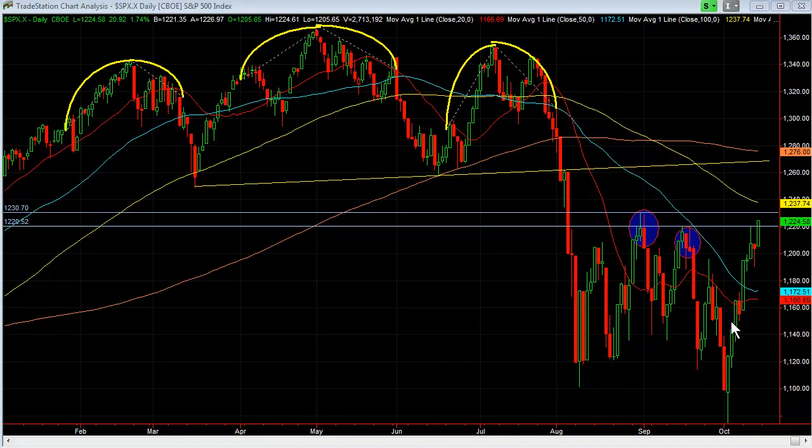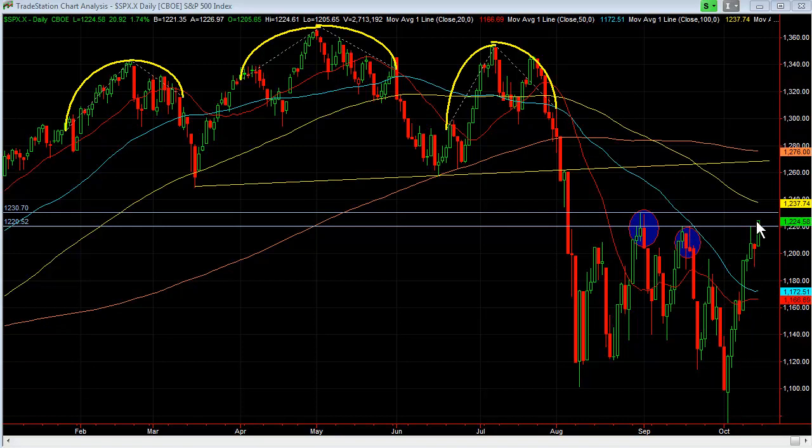And then we've been in this sideways kind of chop for the last 3 months. Rallying from this August low up into this September high, and then we had this candlestick bearish formation here. We had a sell-off, another rally, a lower high, another bearish candlestick formation here, this shooting star, and another sell-off.